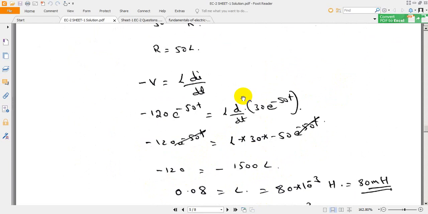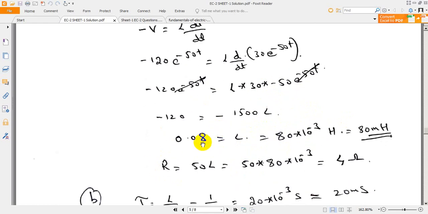The e power minus 50 t terms cancel, and you get minus 120 is equal to minus 1500 L.